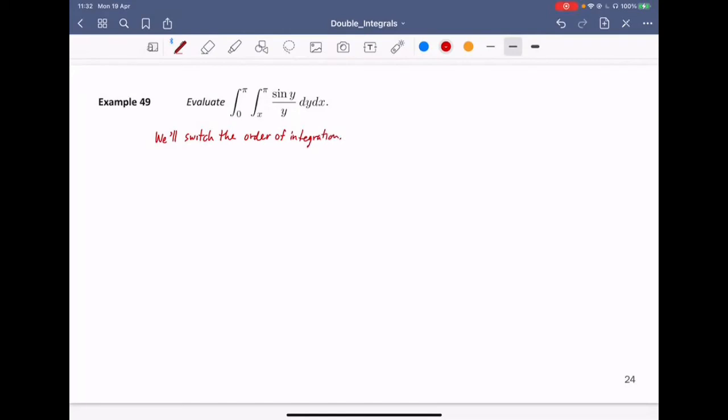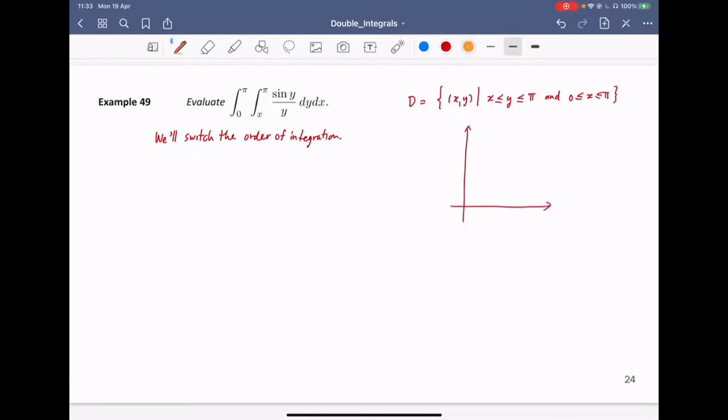First of all, I need to draw the domain, right? Compared to the previous question, this is y from x to pi, and x from 0 to pi. What is going to be the picture here? Let's look at the graph.